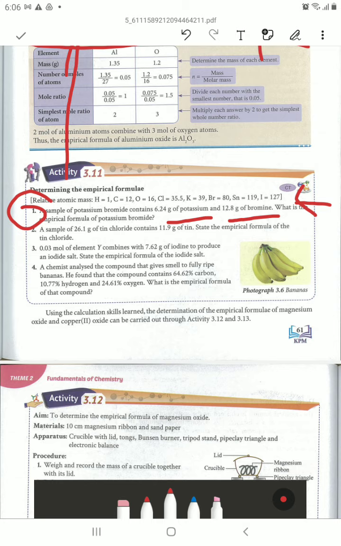From this question, they give you the mass of tin chloride. Mass of tin chloride is 26.1. That is tin chloride. And now the second information, they give you the mass of tin. Mass of tin is 11.9 gram.